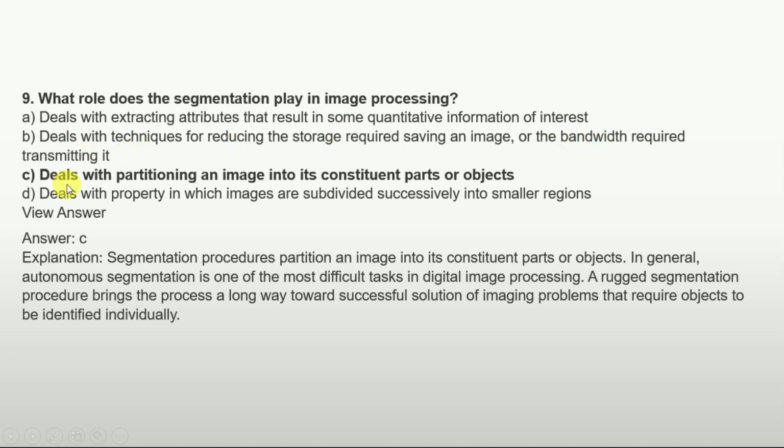Option C is dealing with partitioning an image into its constituent parts or objects, and option D is dealing with the property in which images are subdivided successively into similar regions. The answer is very clear, option C is the right answer. If we see the explanation, we get to know the segmentation procedure partitions an image into its constituent parts or objects.